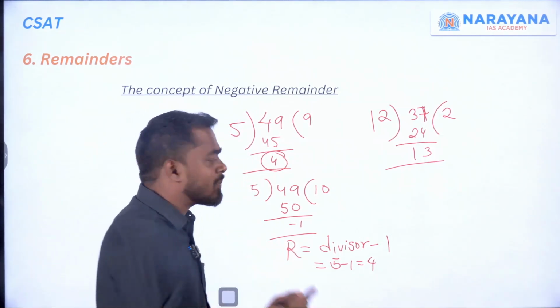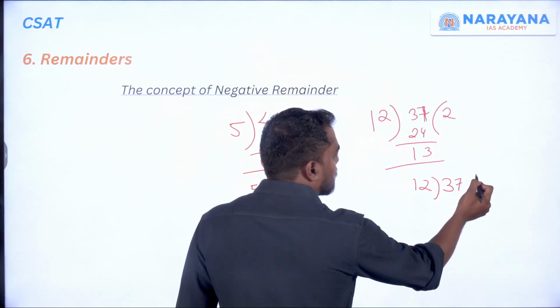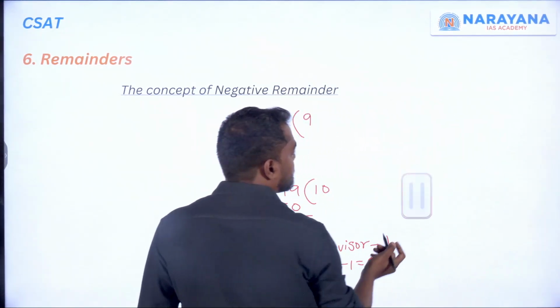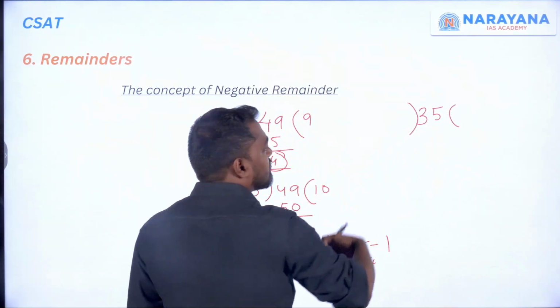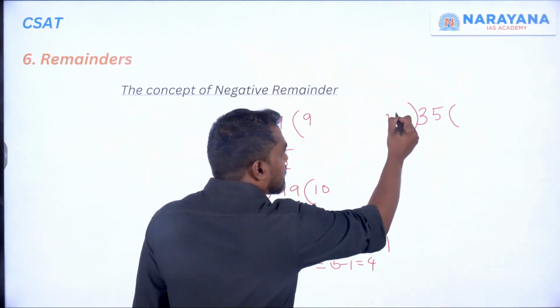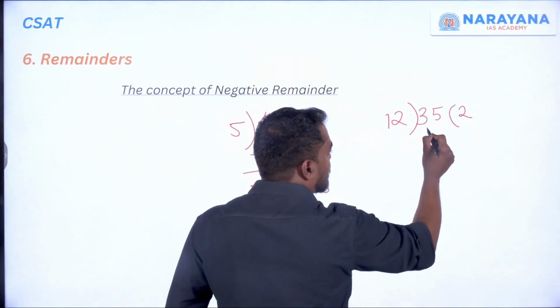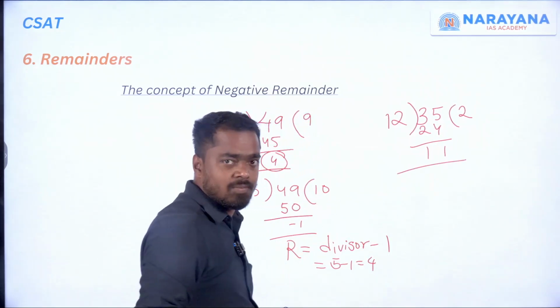If you go one step ahead, there is 35. Divide 35 with 12. That is nothing but 12 to the 24. You are getting a remainder of 11.